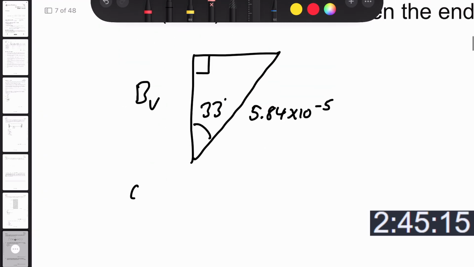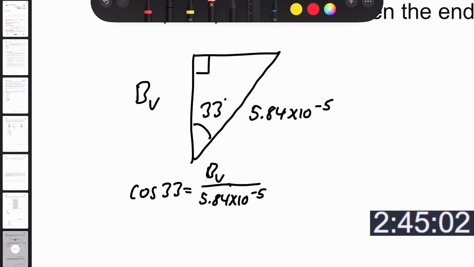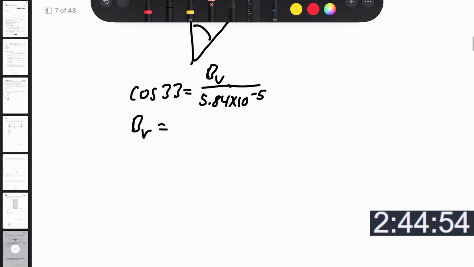So cosine of 33 is going to equal adjacent over 5.84 times 10 to the negative 5. So B vertical is 5.84 cosine 33, which is 4.898 times 10 to the negative 5 tesla.